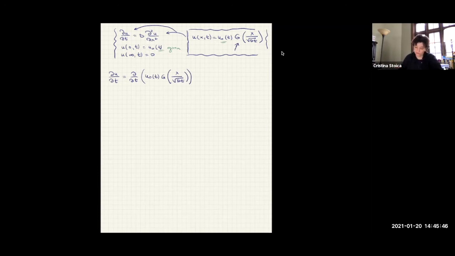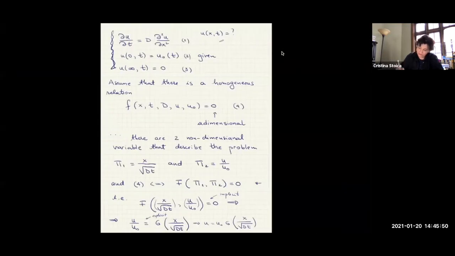U naught was a constant, so that was silly of me. This is given as a constant. Let's just write it there. Everybody wrote it there? So it's not u naught of t, it's a given constant.